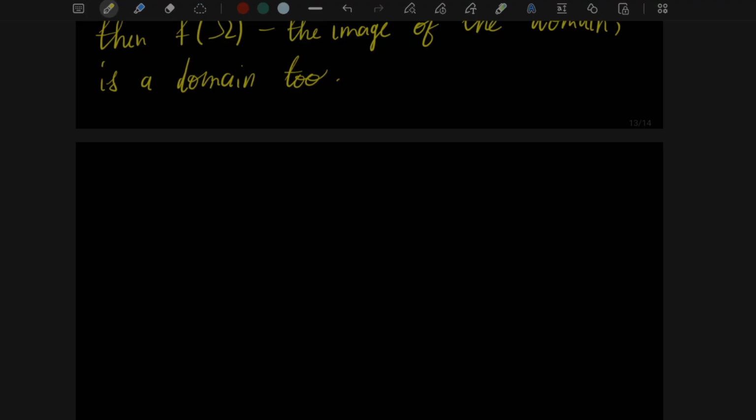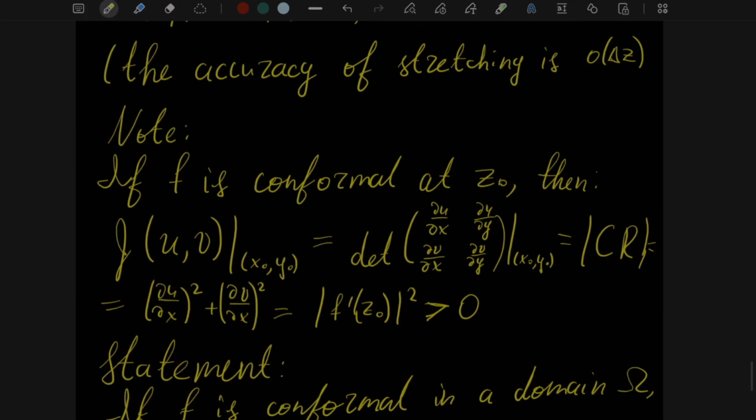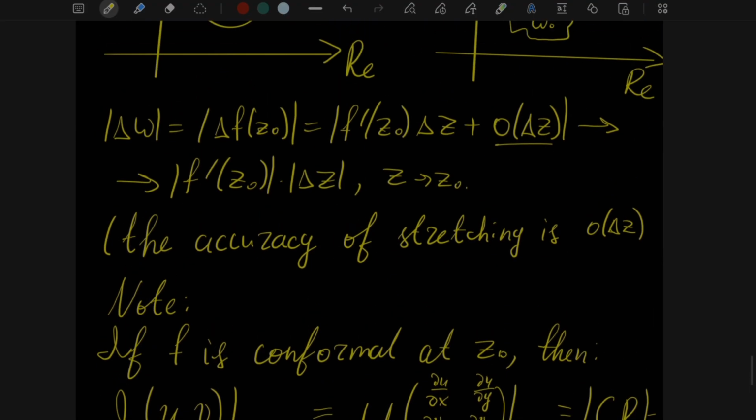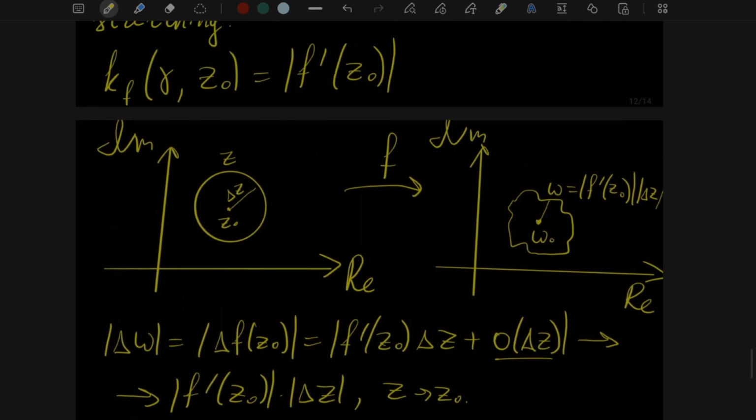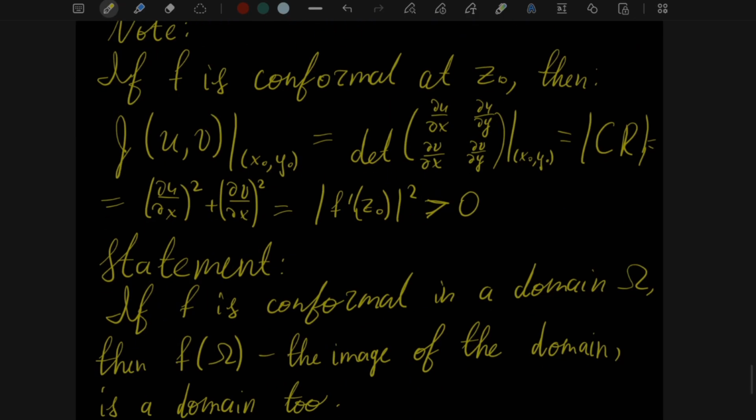Okay, now that we have looked at the geometrical meaning of the absolute value of the derivative, so it is the coefficient of linear stretching, right? Now we will have a look at the geometrical meaning of the argument of our derivative.